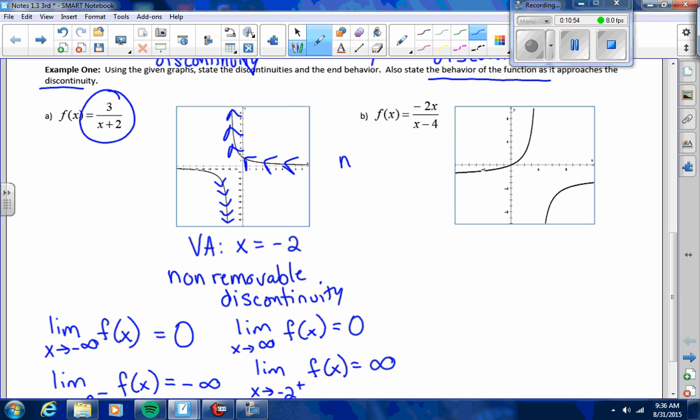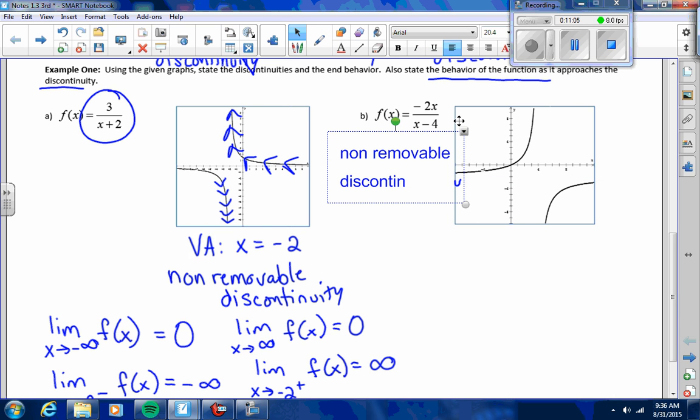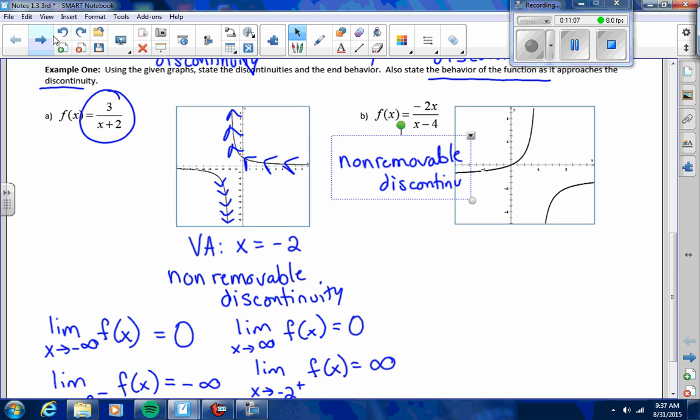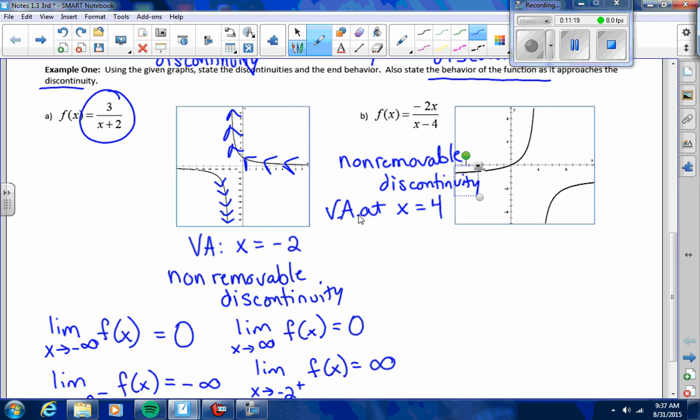Okay, so we have a non-removable discontinuity at x equals 4, because what's happening at x equals 4? It's a vertical asymptote.